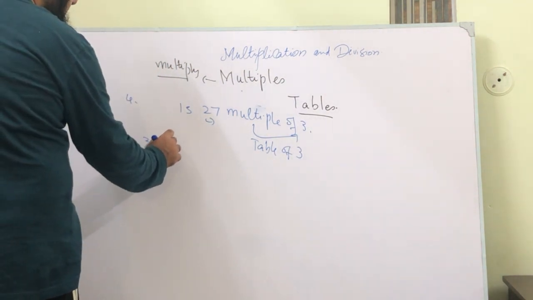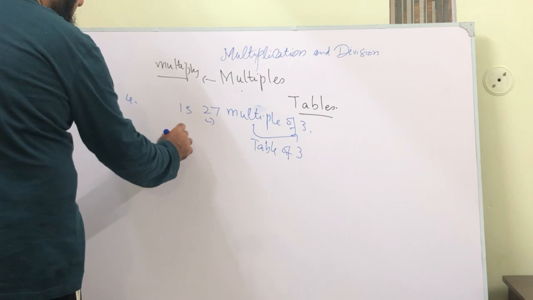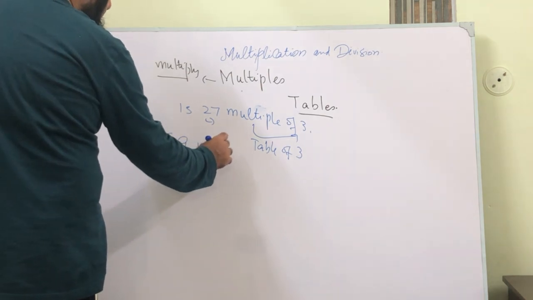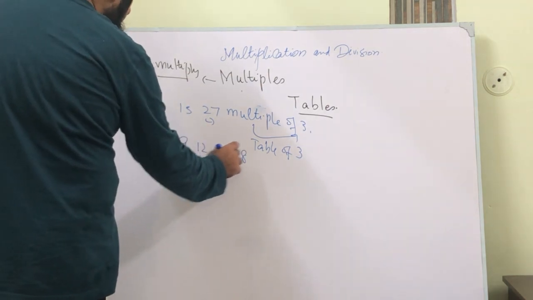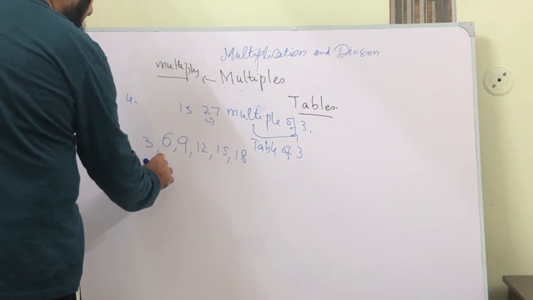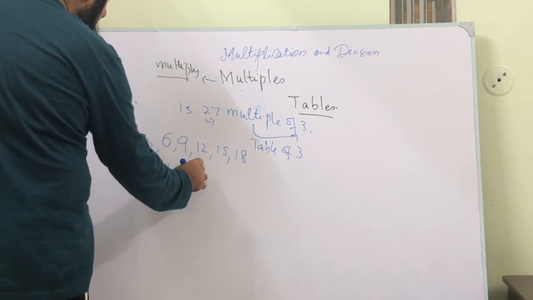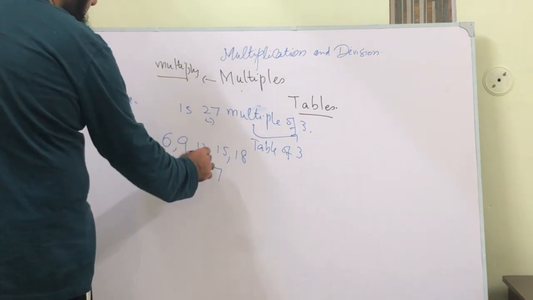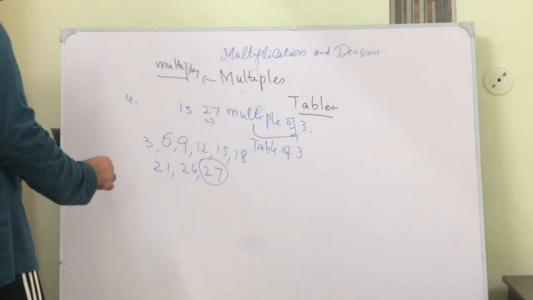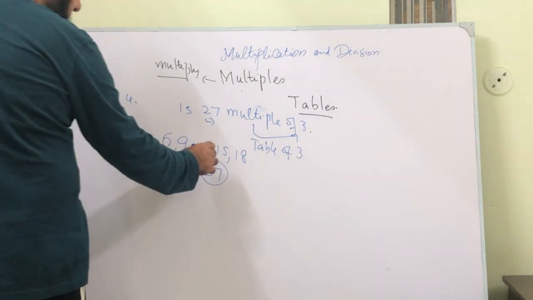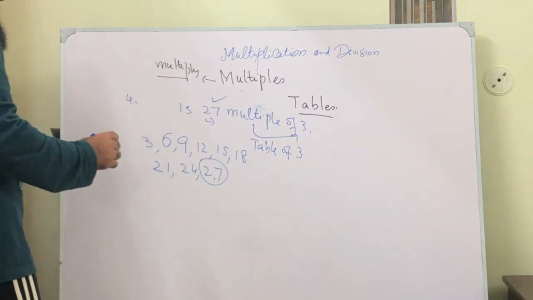3 1s are 3, 3 2s are 6, 3 3s are 9, 3 4s are 12, 3 5s are 15, 3 6s are 18, 3 7s are 21, 3 8s are 24, 3 9s are 27. Yes, 27 comes in the table. So 27 is a multiple of 3.